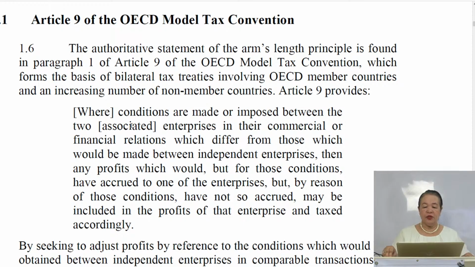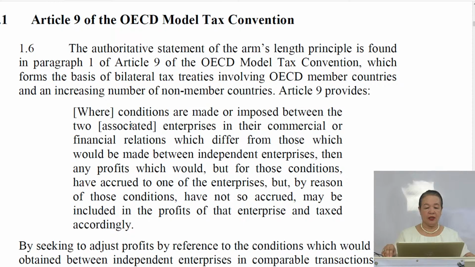The OECD Model Tax Convention forms the basis of bilateral tax treaties involving OECD member countries and an increasing number of non-member countries. So the Philippines is a non-member country, but we adhere to this arm's length principle as an internationally agreed and accepted principle in determining the arm's length price, or in dealing with related transactions for tax purposes.